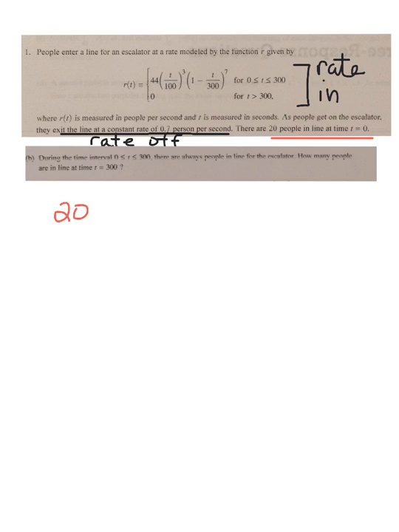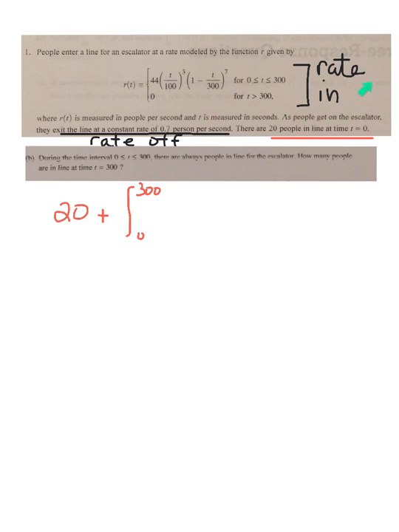Then we want to look at how many people are going onto the escalator versus how many people are coming off the escalator, at time 300. So if we want how many and we have two rates, wouldn't we integrate from 0 to 300? And we would take the rate in versus the rate out, so to speak.